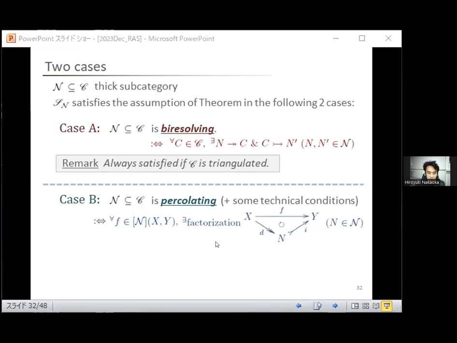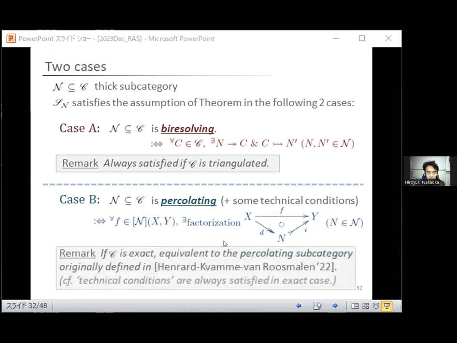And if C is an exact category, then this agrees with the original definition by Henrard and van Roosmalen. And the technical conditions here are always satisfied.